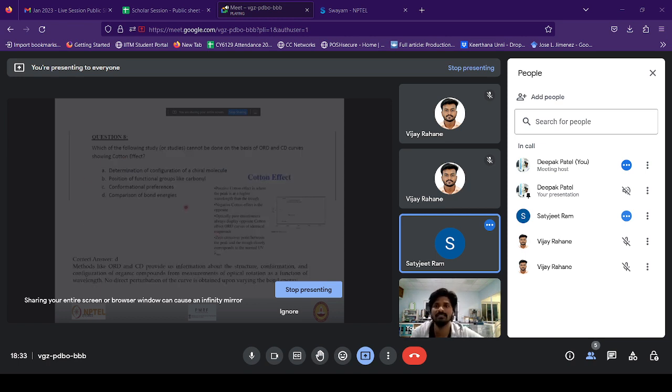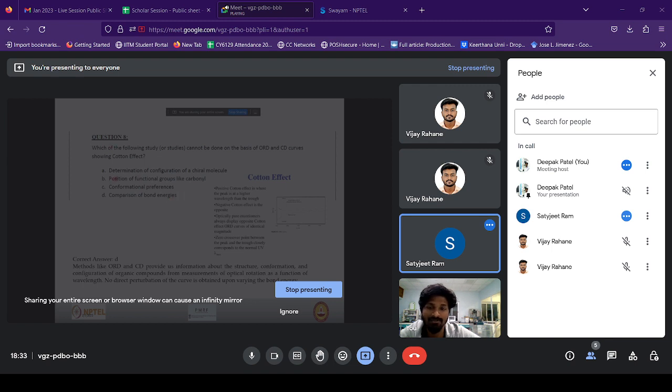Coming to question number 8: which of the following studies cannot be done on the basis of ORD and CD curves showing the Cotton effect? Option A is the determination of the configuration of a chiral molecule, then the position of a functional group like carbonyl, conformation preference, and the last is a comparison of bond energy.